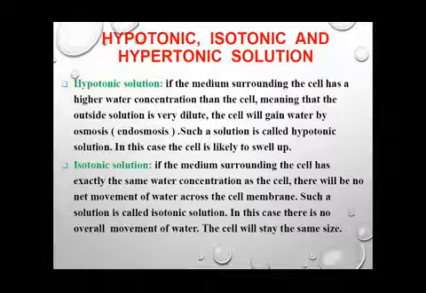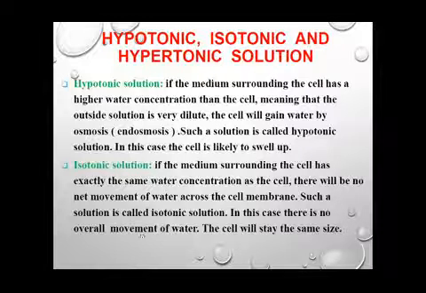As we all know, the movement of water starts only from higher water concentration to lower water concentration. When the water concentration both inside the cell and outside the cell remains the same, then it is obvious that water will not start moving from one part to another, and such a type of solution is known as isotonic solution.